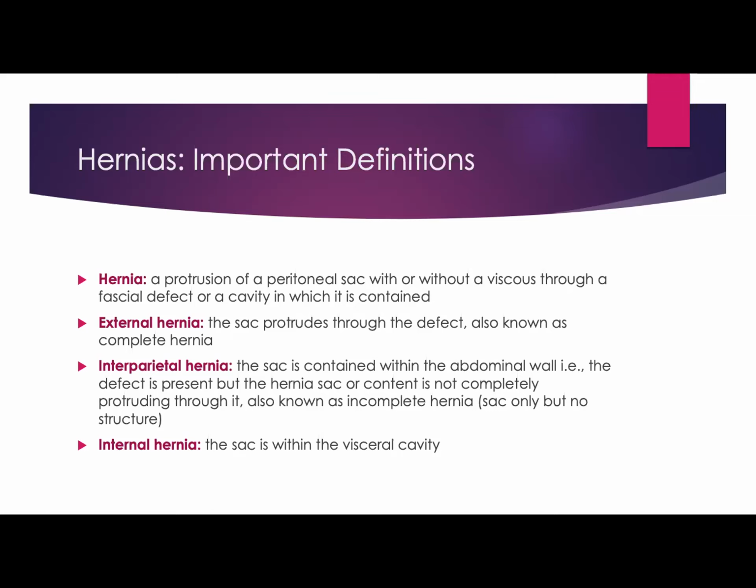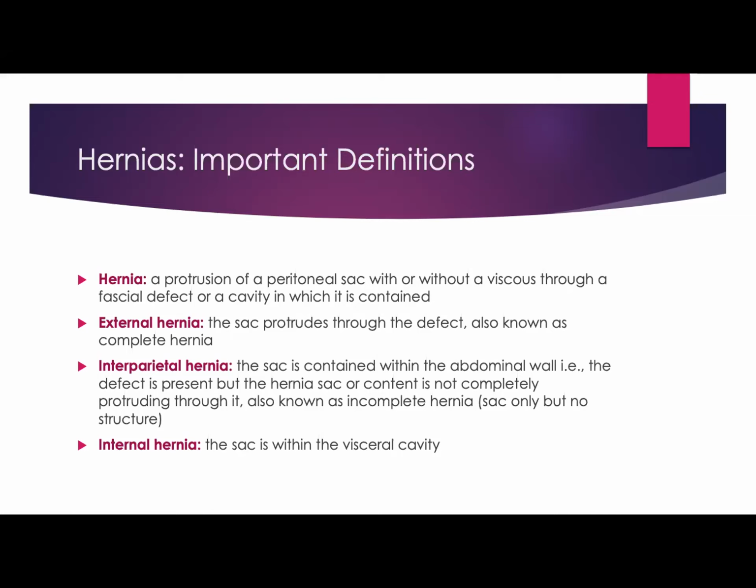And an internal hernia is not a defect through the abdominal wall. It's a defect in the mesentery, okay? As you know, there are different compartments inside the peritoneal cavity, and what determines these compartments is the mesentery.